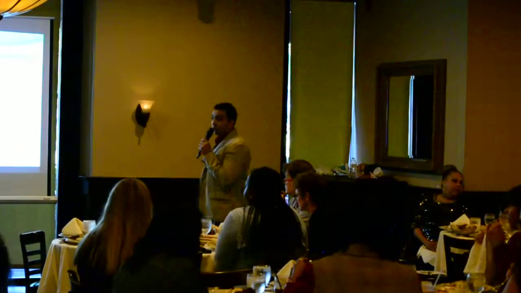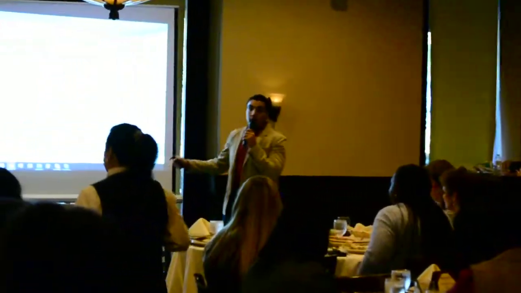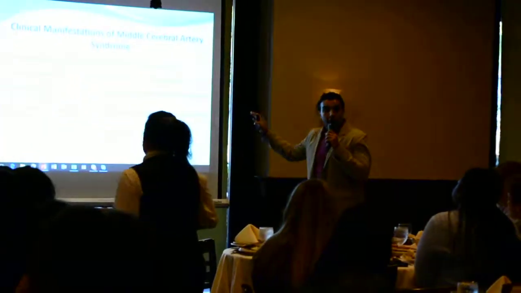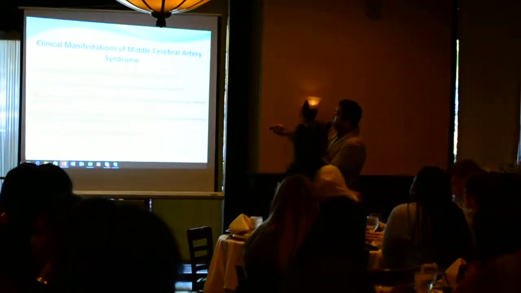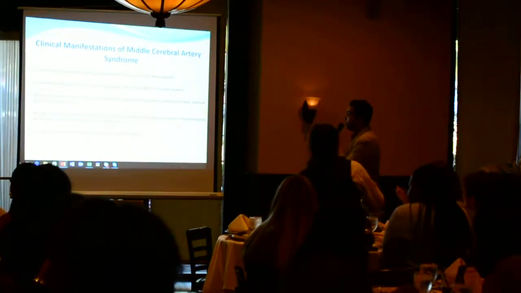I will discuss only one manifestation, the middle cerebral artery syndrome, because this is one of the most common injuries happening in the arteries of the brain, and the middle cerebral artery is part of the internal carotid artery. The features for this patient: a contralateral hemiparesis involving mainly the upper extremity and face.